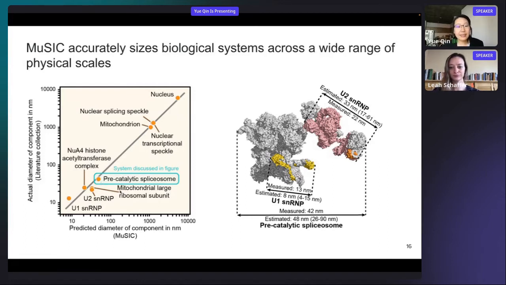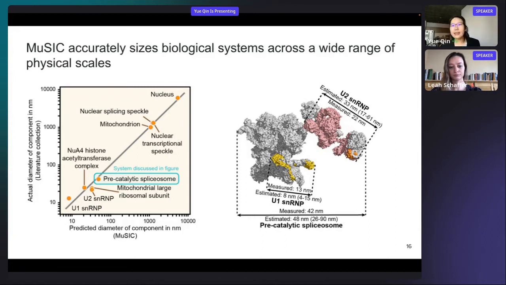On the x-axis is the predicted size or diameter of these cellular components in MuSIC, and on the y-axis are the literature reported sizes of these cellular components. We can see that MuSIC accurately sizes biological systems across a wide range of physical scales.